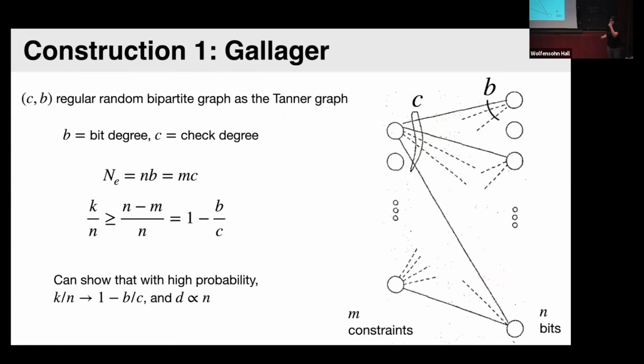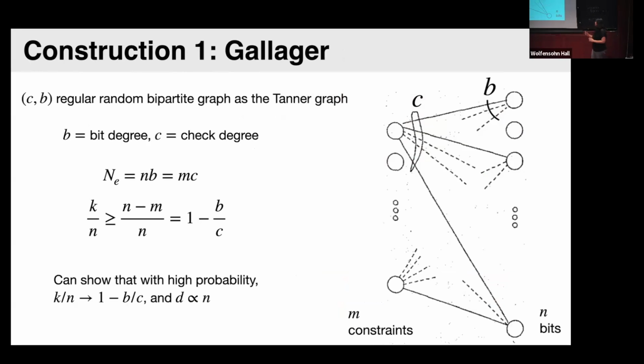So what are some constructions of good expander codes? The first construction is a very simple one. It's from the PhD thesis of Gallagher, who wrote this down in the 1960s, and I think it was so far ahead of its time that it was largely forgotten for the next 20, 30 years.